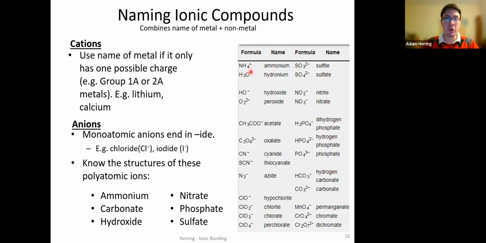You can see a large list of polyatomic ions on the right. This includes ammonium, hydronium, sulfite, sulfate, nitrite, nitrate, etc. The ones that you need to know are the ammonium ion, the carbonate ion, the hydroxide ion, the nitrate ion, the phosphate ion, and the sulfate ion.